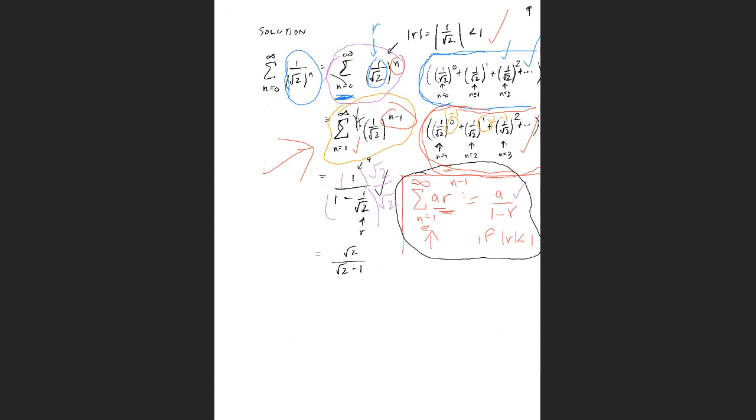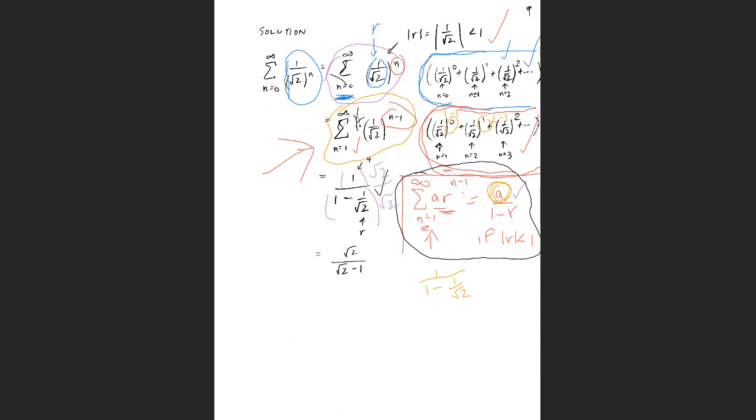So one way to get the answer is to use the formula. Another way to get the answer is simply to do this. I know the first term, a, is going to be my first term of the series. I know my first term's 1, and I know my common ratio is 1 over root 2.